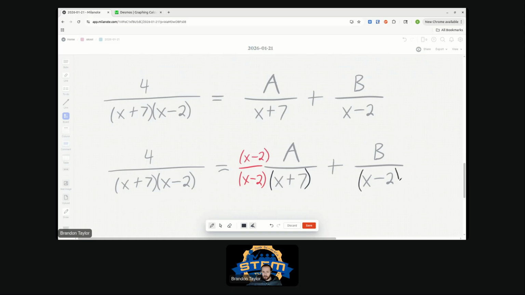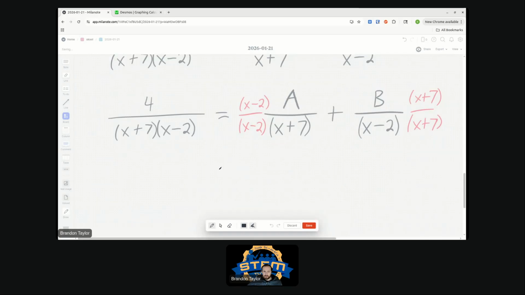And then over here, if we had x plus 7 divided by x plus 7, like that. And then if you combine these, what do we have? We have a times x minus 2, like that.